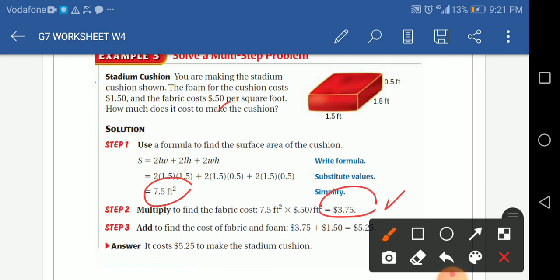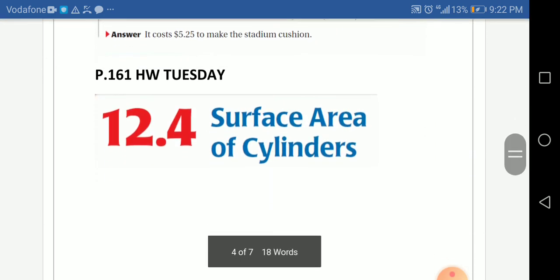Then to find the cost of the fabric and foam together, we know that the foam is a fixed price, guys. So it will be 1.50. I'm going to add the 1.50 with the 3.75 of the fabric. So it gives you 5.25. So it costs me $5.25 to make the stadium cushion.